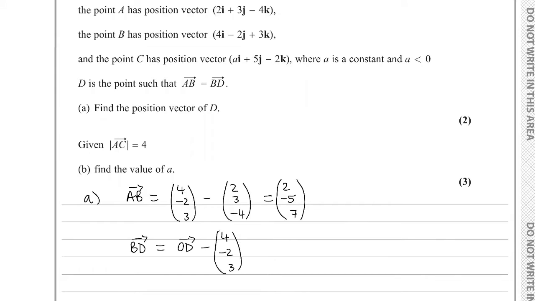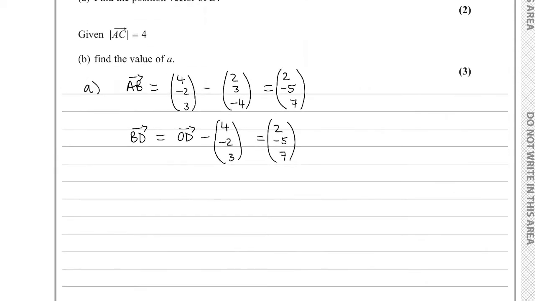And we've been told that the two vectors are equal, so I'm just going to set this equal to (2, -5, 7). Which means that OD is (2, -5, 7) plus (4, -2, 3), which is (6, -7, 10). That's the position vector of D.